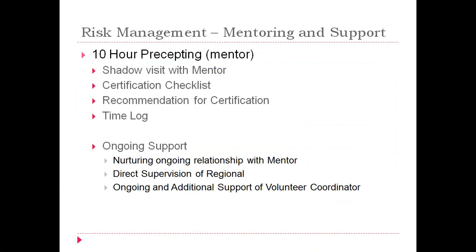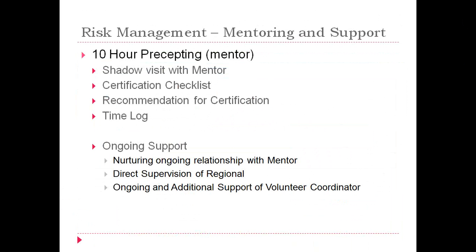The preceptor completes a certification checklist, which is competencies that you normally would not be able to do in a classroom setting, like identifying different types of equipment that they would see, identifying where in the building to go to resolve a specific concern, how to engage in a conversation with a person who's living with Alzheimer's or related dementia.